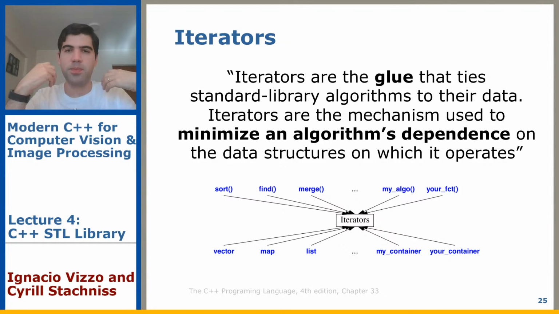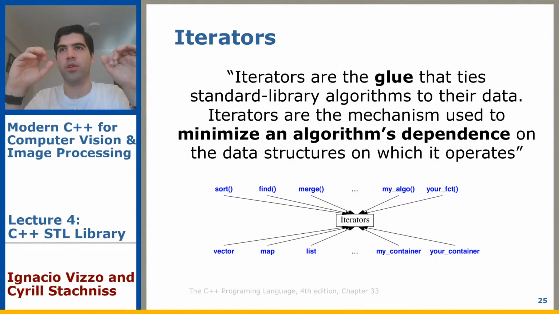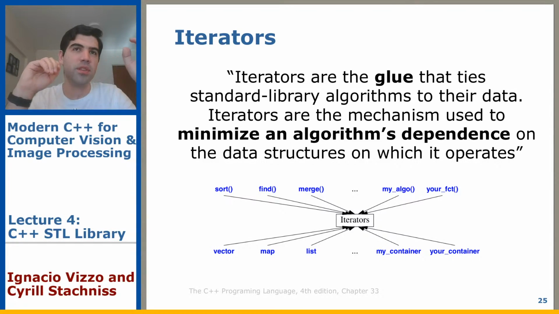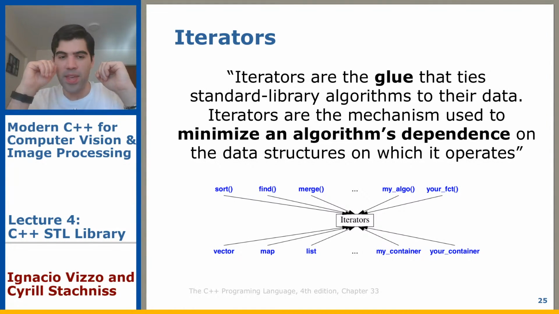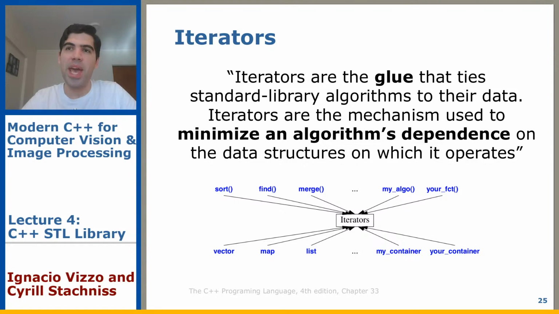So let's pretend you want to sort some sort of data. Then the best thing you can do is to write a sort function that works on any kind of data, not only on a vector of floats or a vector of integers or an array of strings. The idea is that with iterators, you will be able to write functions that are strictly independent from the data structure on which you operate.